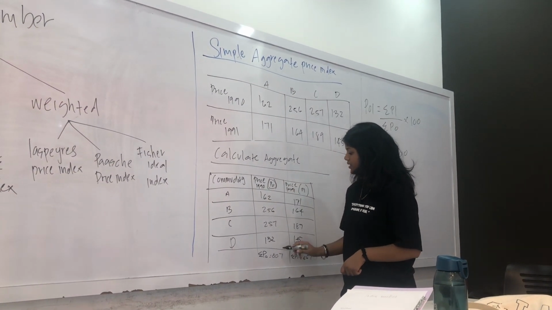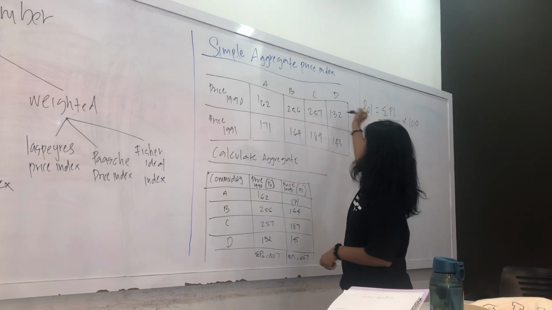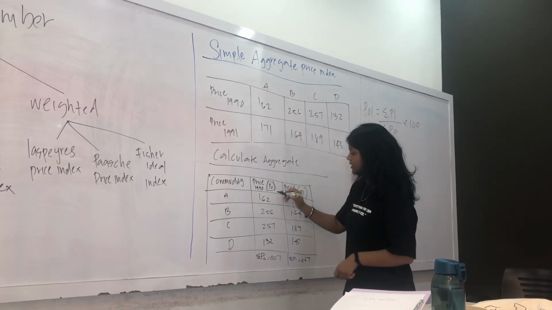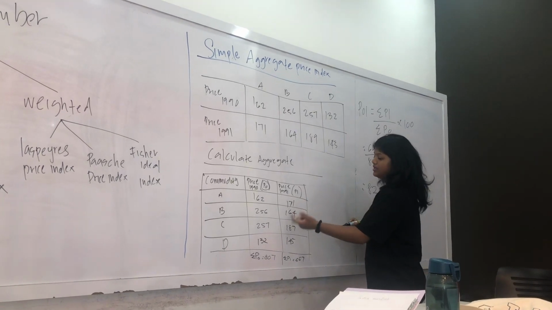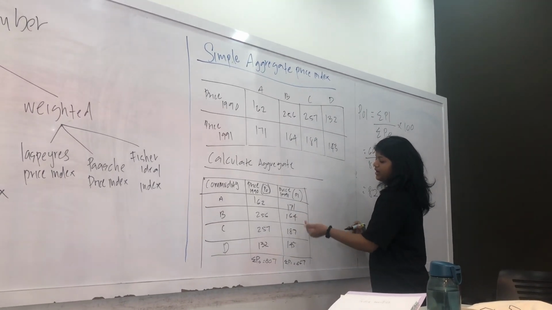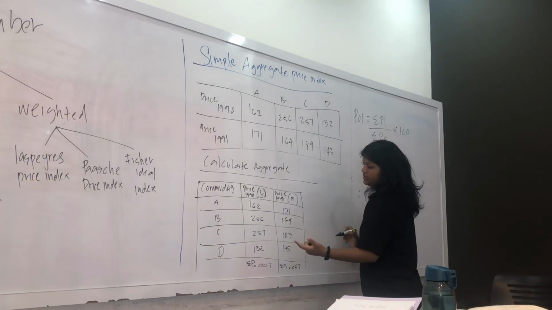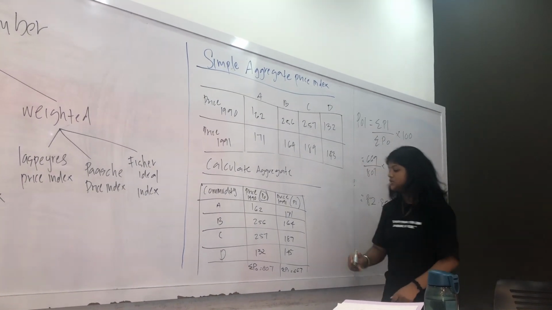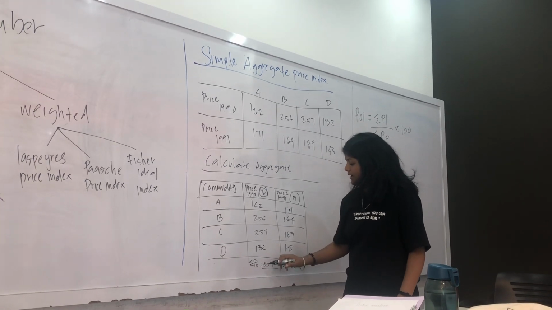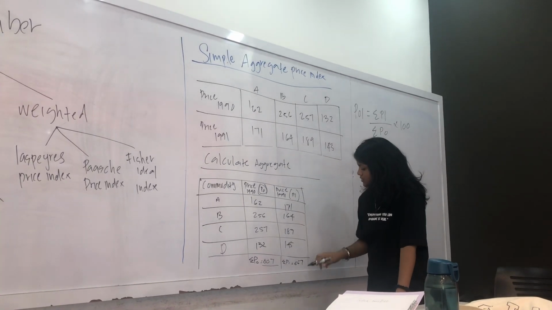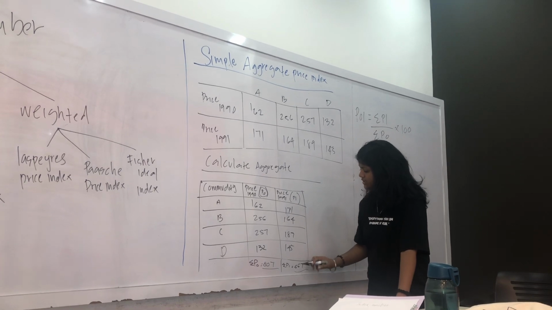So we separate like this. You can see the four of these I change like this, and then 1991 is 171, 164, 189, and D is 145. So we have to total these four, and the answer is 807, and then we total this one too, and the answer is 667.